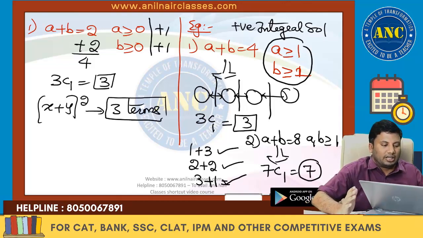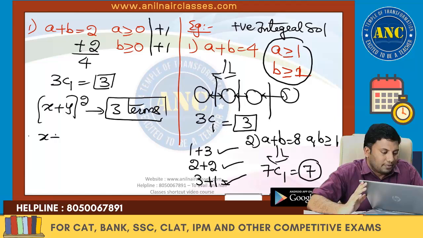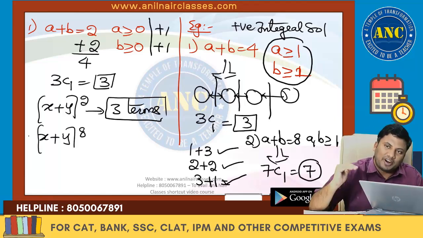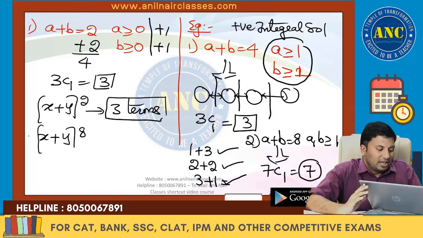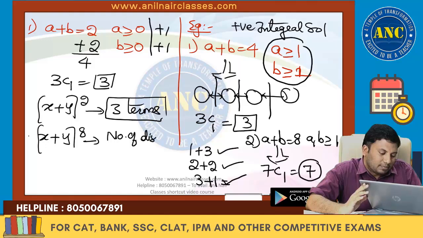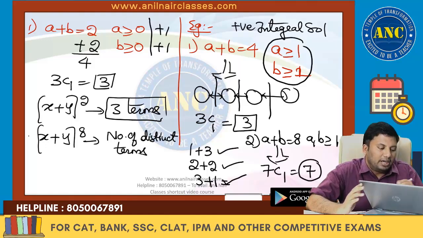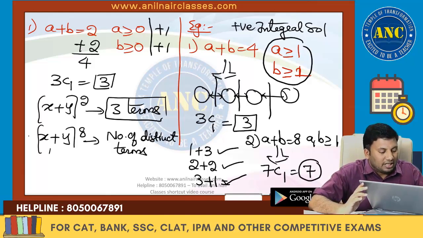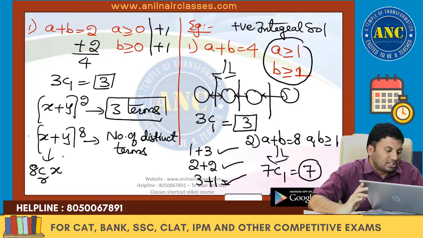Suppose the question is x plus y power 8, from basics to advanced level. How many distinct terms are present in this expansion? These are nothing but 8Cr, x power p, y power q.